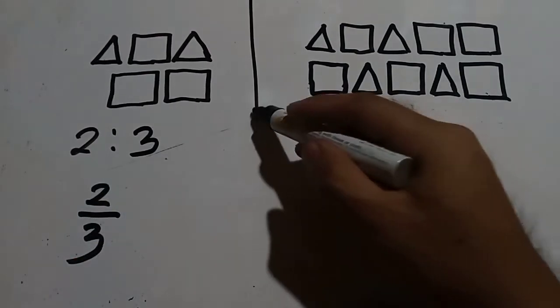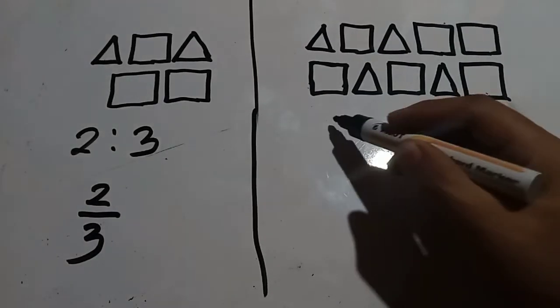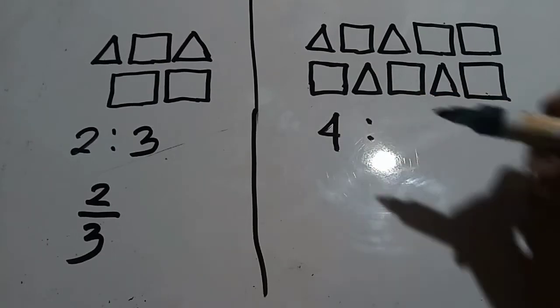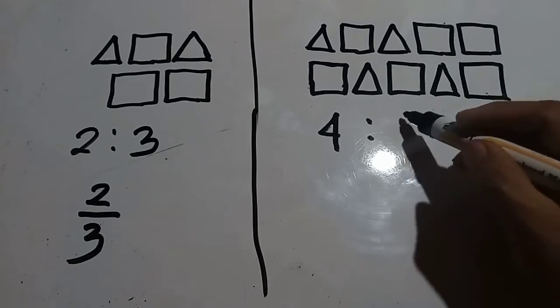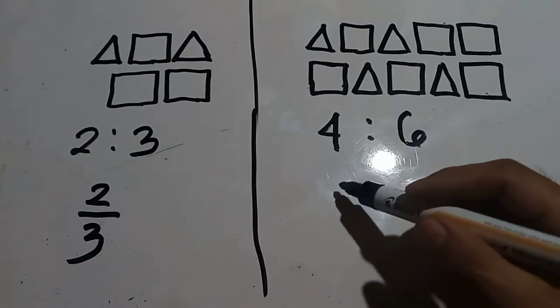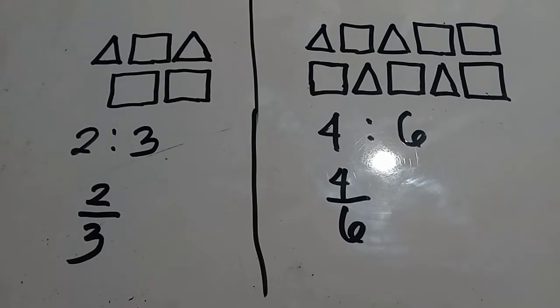How about in this area? How many triangles? Alright, so we have 4 triangles. Is to how many squares? 1, 2, 3, 4, 5, 6. That is 6, or can be written as 4 over 6. Alright, okay, let's proceed.